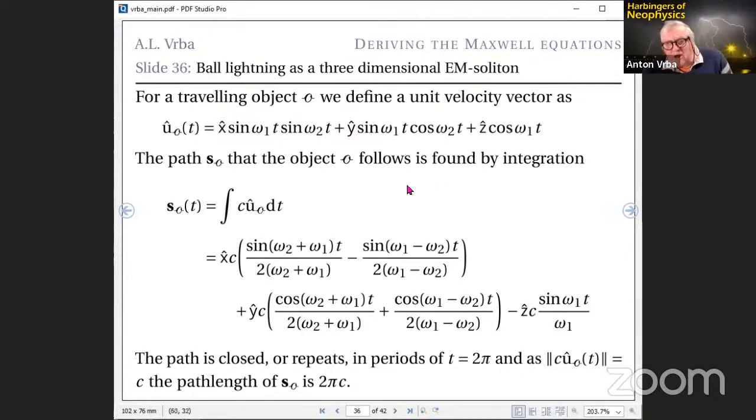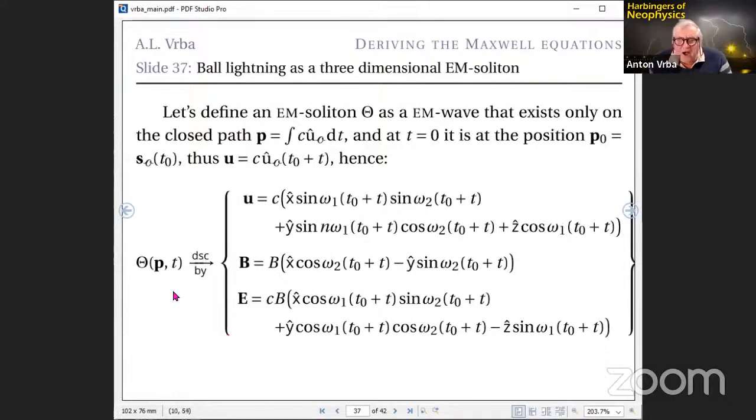If I integrate it, I now get the path of the wave as expressed in these terms here. The path is closed. It has a path length of 2 pi c. I will show you pictures of these paths later on.